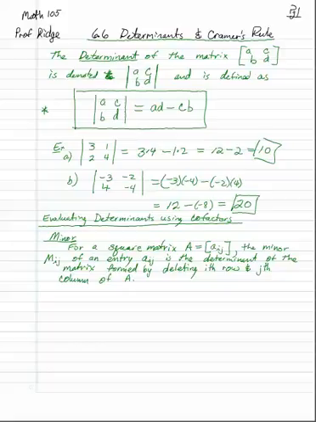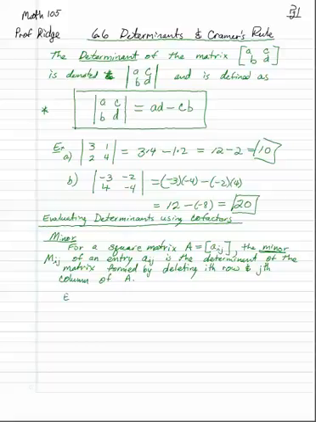The minor M sub ij of an entry A sub ij is the determinant of the matrix formed by deleting the ith row and the jth column of A.